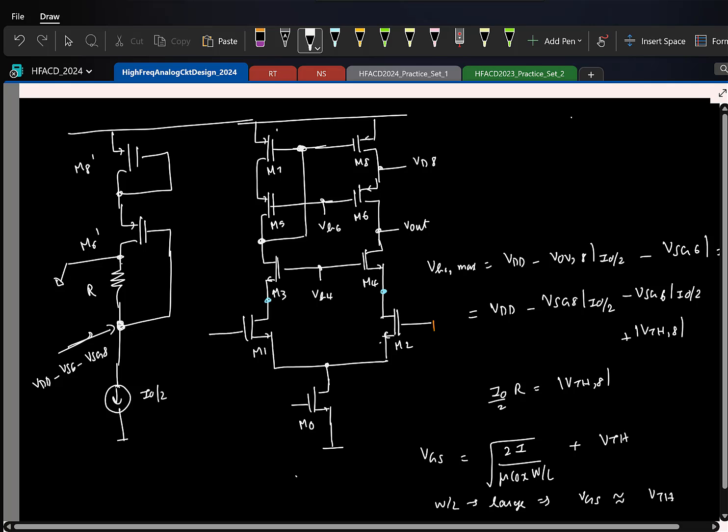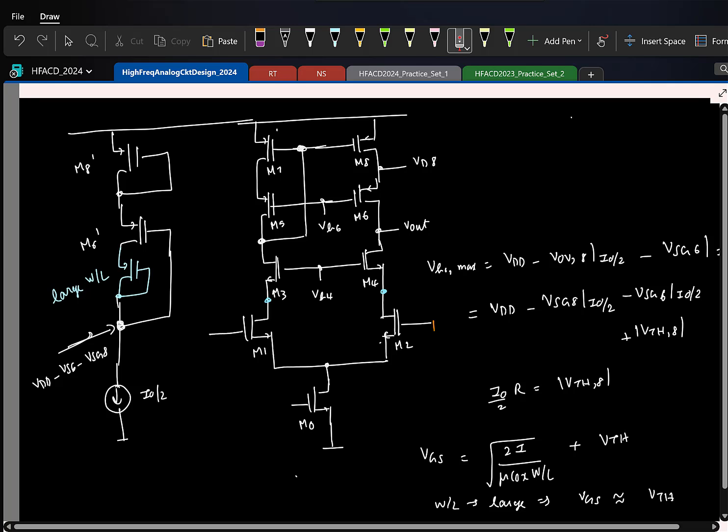So now instead of a resistor, you can go and put a transistor like this, which has a very large W by L. So the gate to source voltage across it will be approximately equal to the threshold, right? Depends. Ideally, if you want it to be exactly the threshold, you have to tend it to infinity. But of course, you can't do it. So keep it as large as possible.